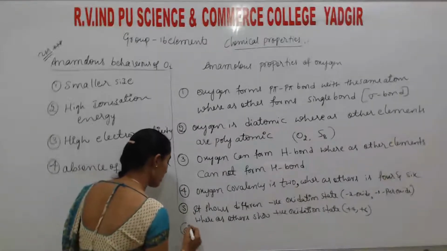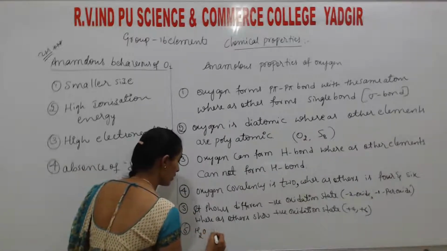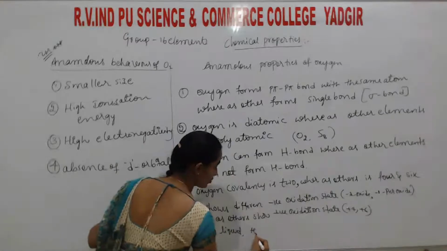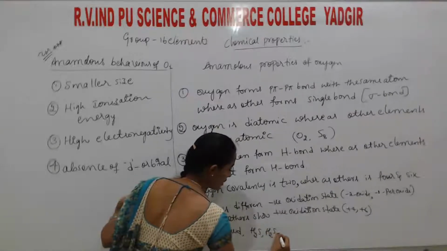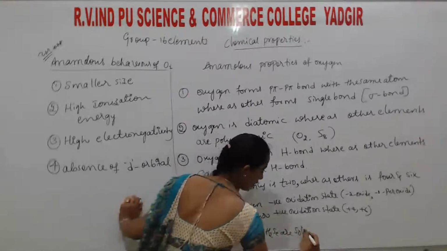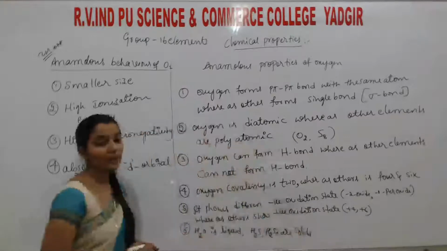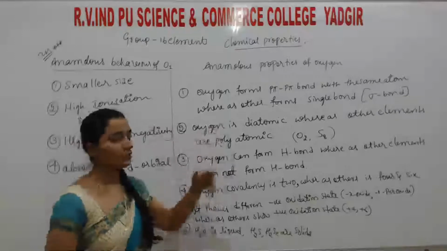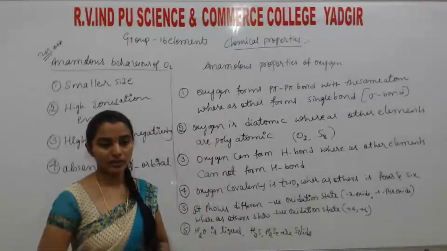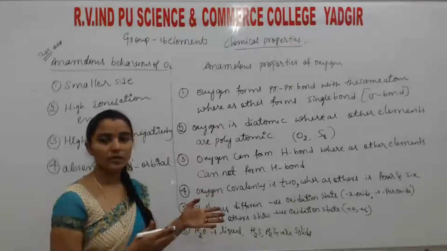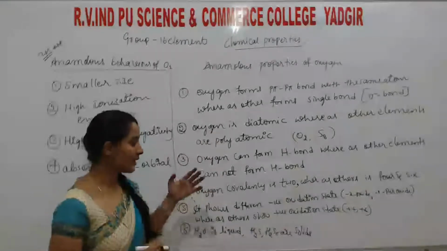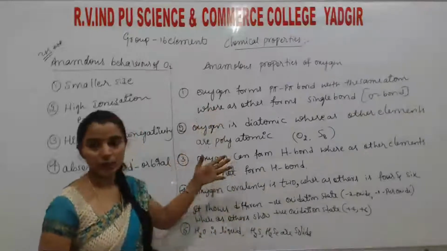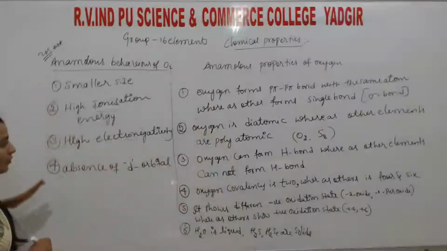And the last one, students: H2O is liquid, H2S and H2Se are solids. These are the anomalous properties of oxygen with respect to other elements. In the same group, each and every atom should possess the same type of property. Oxygen shows different properties because of these 4 reasons.